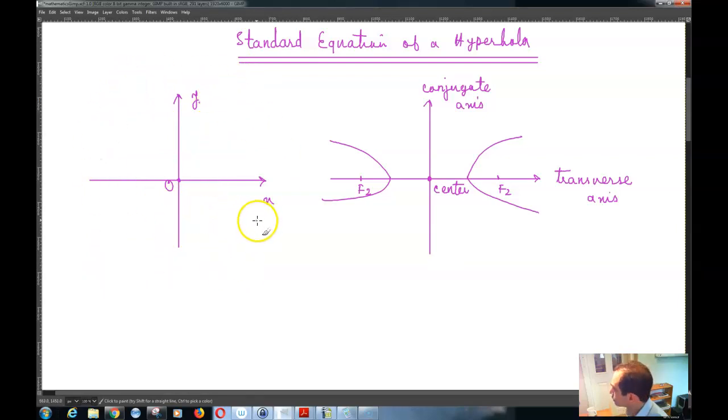In these two orientations, the equation of the hyperbola, of course, is going to be in the simplest form.